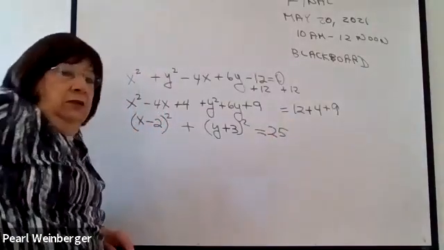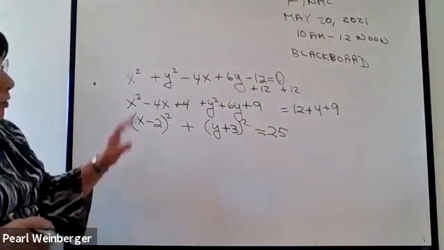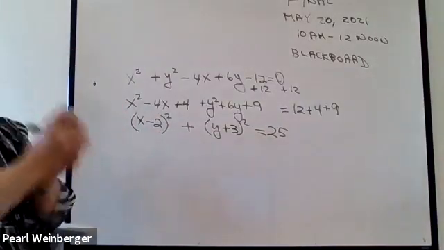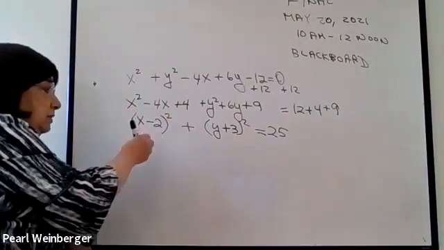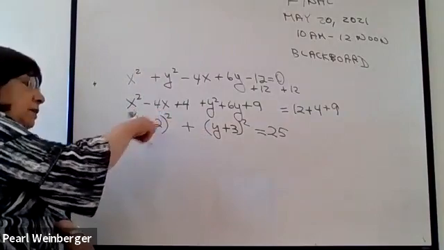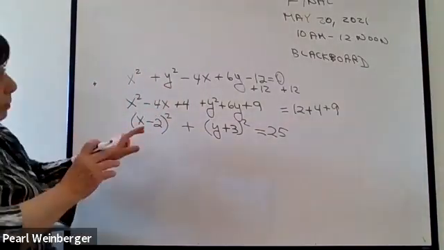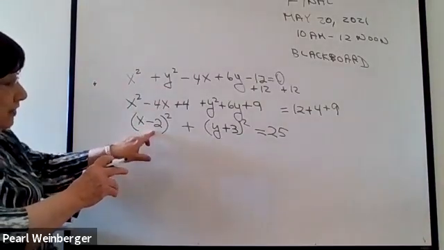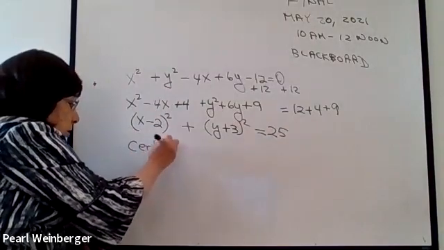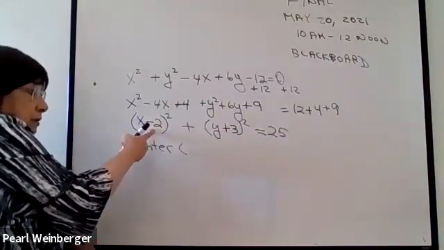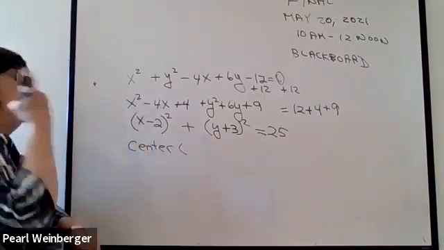This is the standard format of a circle, where you have x plus something squared, y plus something squared equals a number. And if there weren't any extras, it might be just a plain x squared. But to find the center of this circle, you take the number that's in the parentheses with the x, switch its sign.